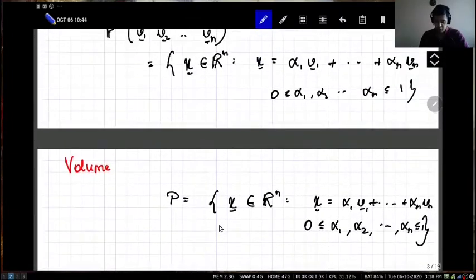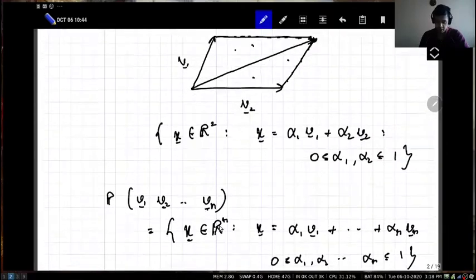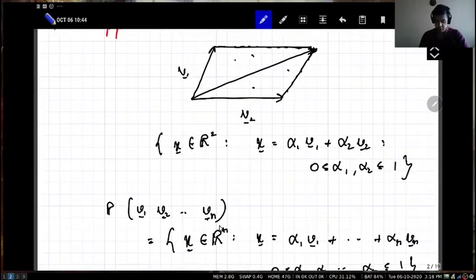And if you think about it, these v1, v2, up to vn correspond to a transformation of a unit cube. So you can always think of a parallelogram as the transformation of a square, right? And where the transformation is described by the matrix given by v1, v2 as the columns.